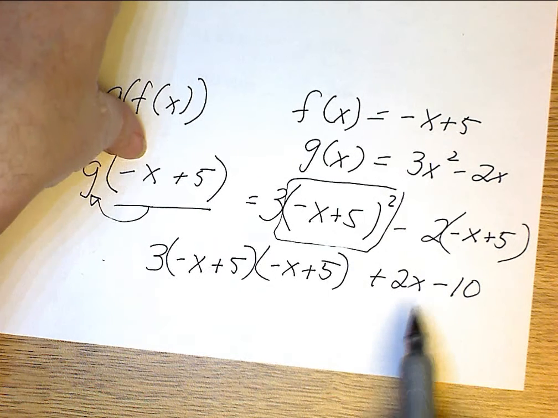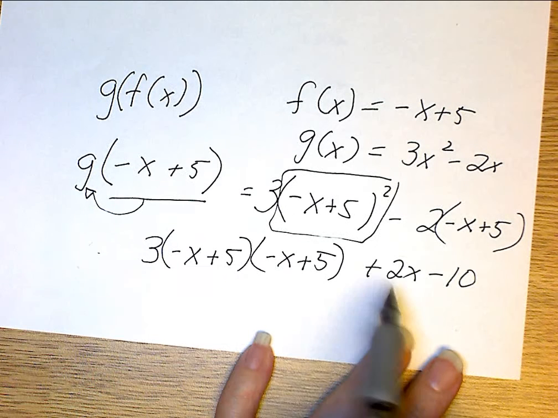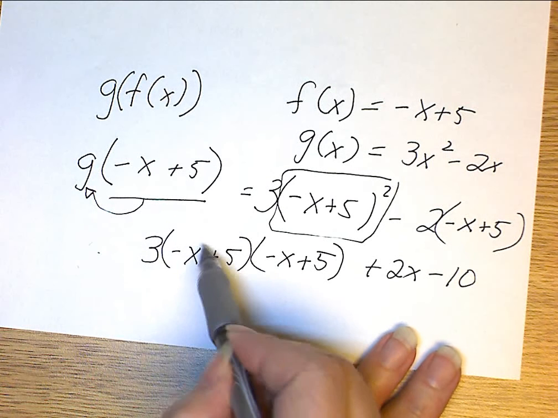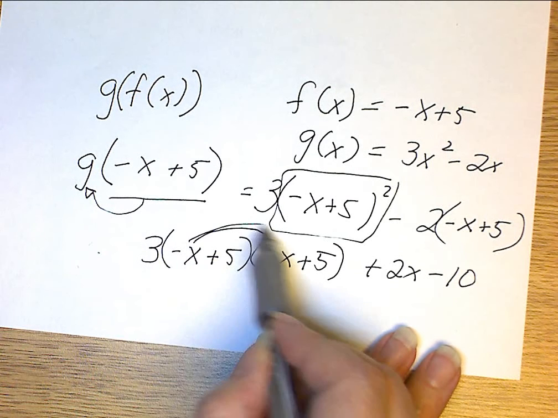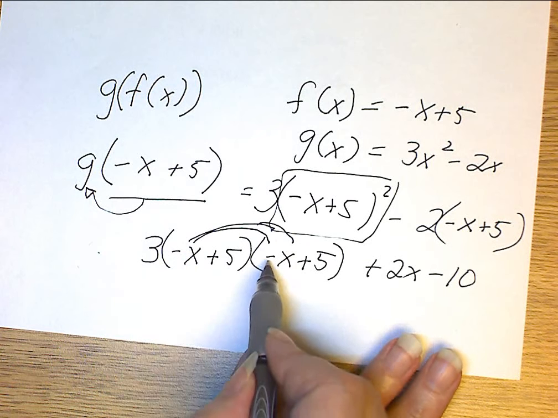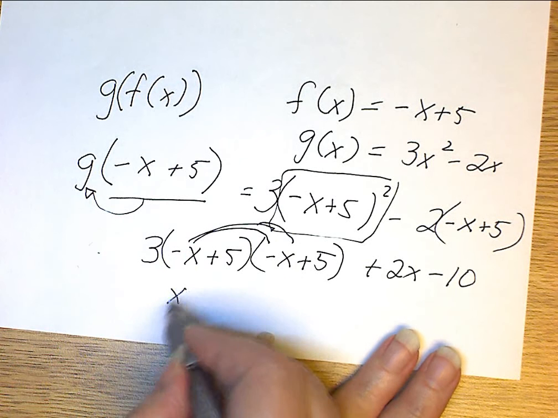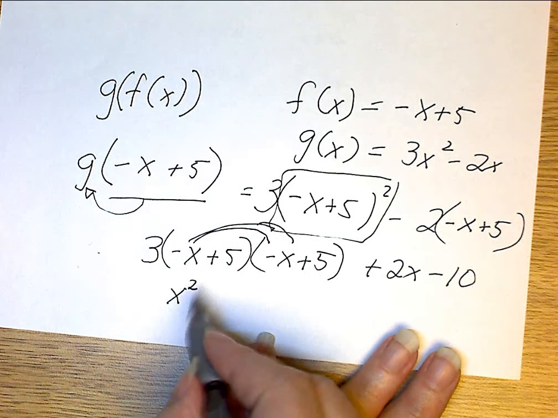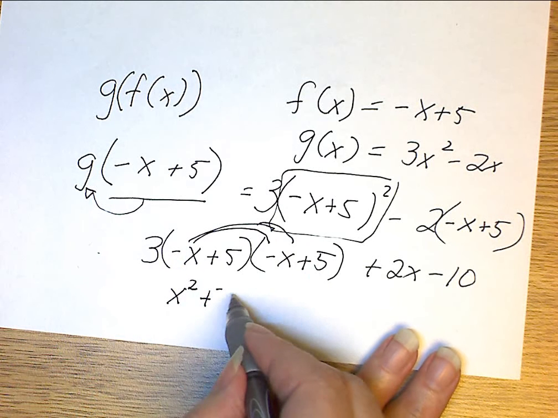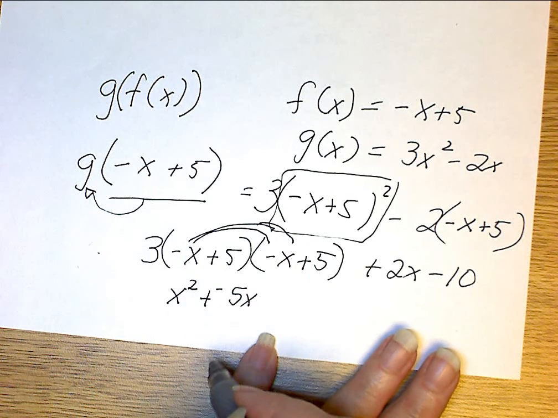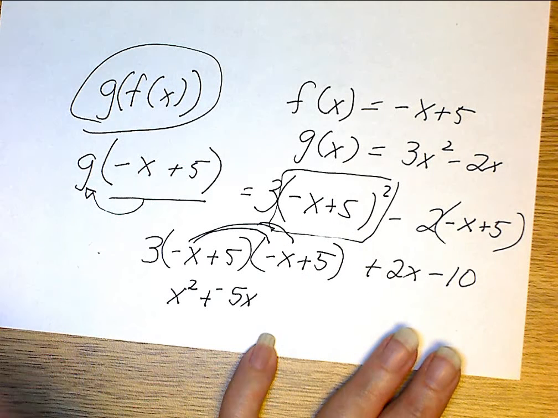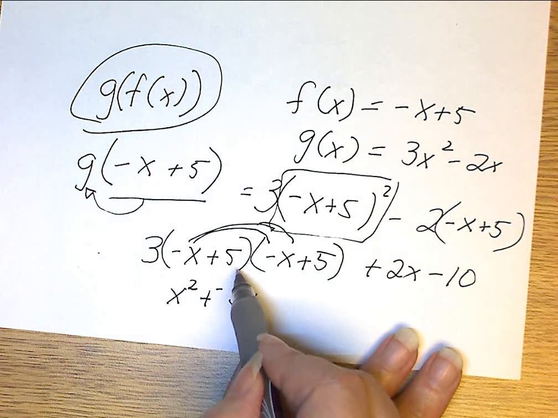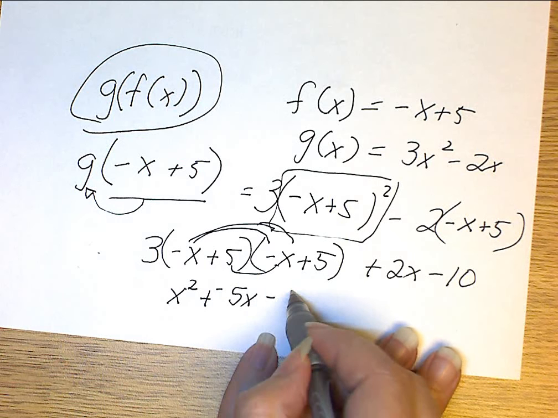All right. So we have our first and outer. So we have negative x times negative is positive x squared. Negative x times 5 gives me a negative 5x. Inner is negative 5x.